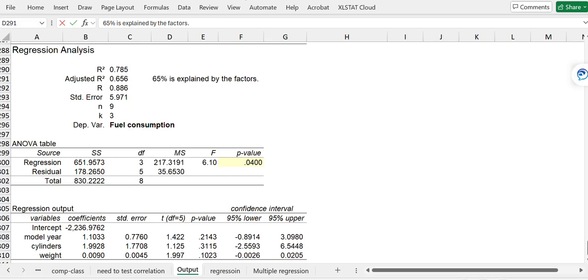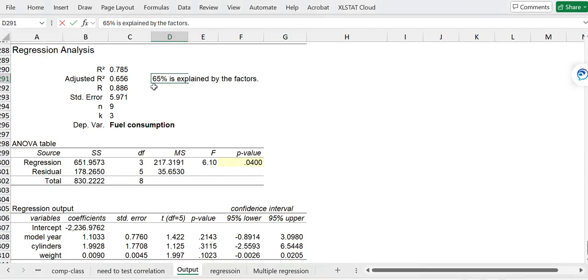It could be the road condition, the driving style, the wind blowing, the rain, or modifications done. So many other factors which are not considered here. You understand? So even though we try to add more variables, we still cannot get the full picture. Why? Because there are other factors. That's the reason there is only 65% explanation.